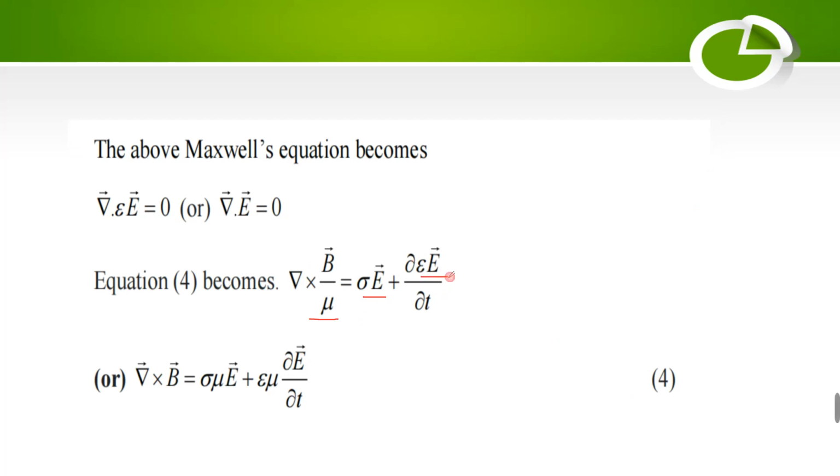So instead of D we are substituting epsilon E. So here del vector cross B vector, and we can bring this mu to the right hand side: mu of sigma E vector plus epsilon, bringing epsilon outside, into dou E vector by dou t. When we bring this mu inside, it becomes sigma mu E vector plus epsilon mu dou E by dou t. The fourth equation changes to this format.